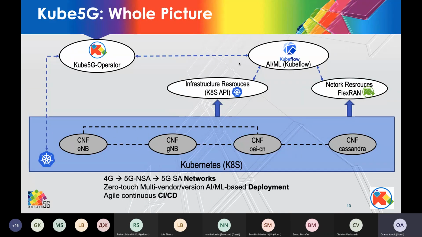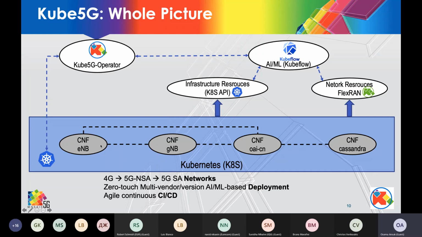To sum up, here I provide Kube5G as the whole picture, linking all the entities together. Firstly, the context: the objective is to support 4G, 5G non-standalone, and 5G standalone modes in the Kubernetes environment, arriving at a zero-touch, multi-vendor, multi-version, AI/ML-based deployment, where all these functions are released quickly using agile continuous CI/CD.